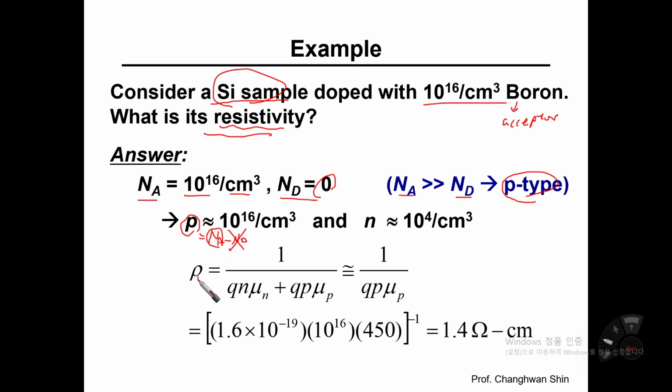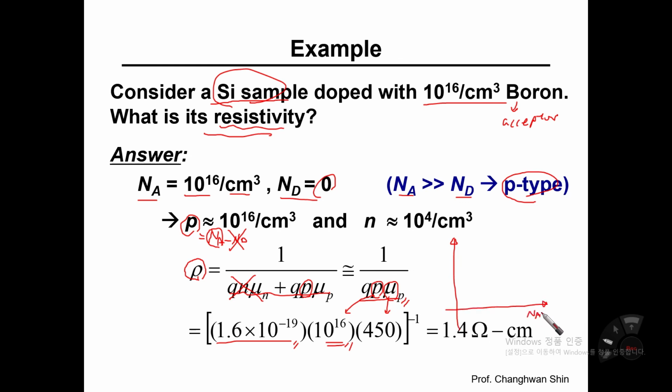Now the equation for resistivity is this, and p is much higher than n, so you can ignore this term, and you're going to calculate the resistivity from q p mu p. So q is 1.6 times 10 to the minus 19, and p is 10 to the 16, and mobility is, where did we get this number?